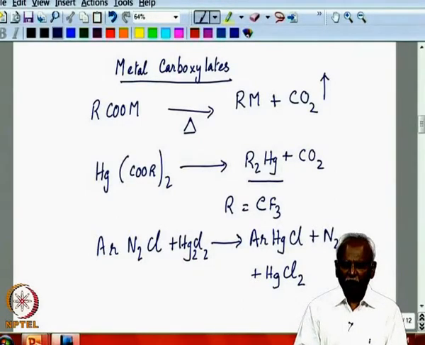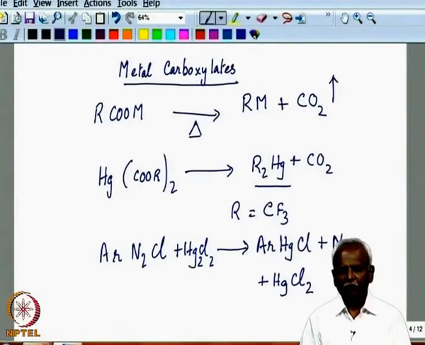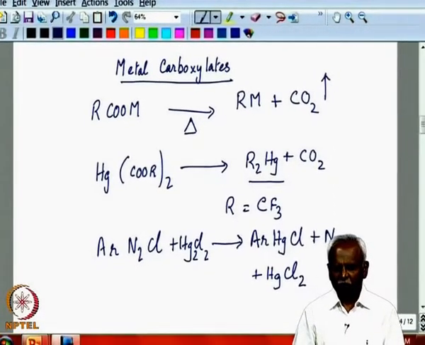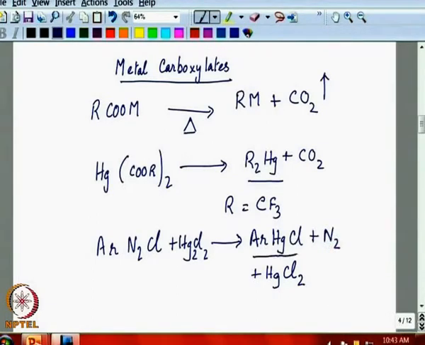The reactions that we have pictured in this projection are all driven from left to right because of elimination of a volatile molecule like carbon dioxide, or in the last instance it is dinitrogen, and dinitrogen elimination leads to the formation of an aryl mercury bond in this instance, and that is the elimination of nitrogen from arene diazonium salt.